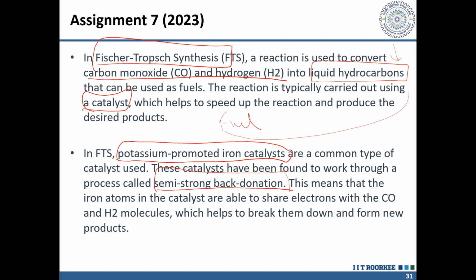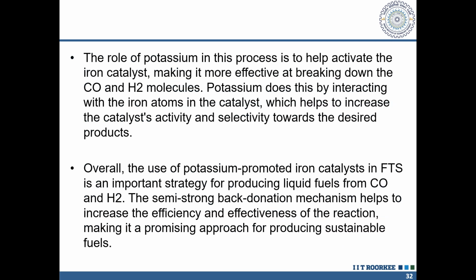This means that iron atoms in the catalyst are able to share electrons with carbon. In this potassium promoted iron catalyst, the iron atoms share electrons with the carbon monoxide and H2 to help them break down, and potassium acts as an activator for this catalyst. This is known as the semi-strong back donation mechanism.